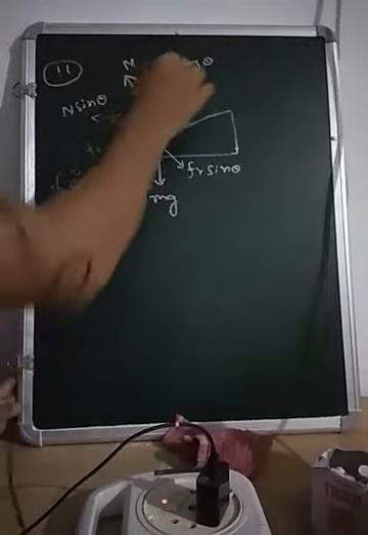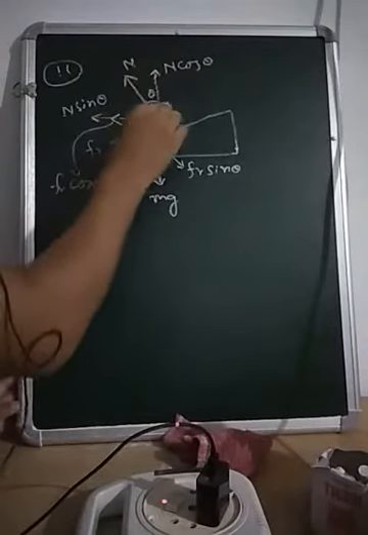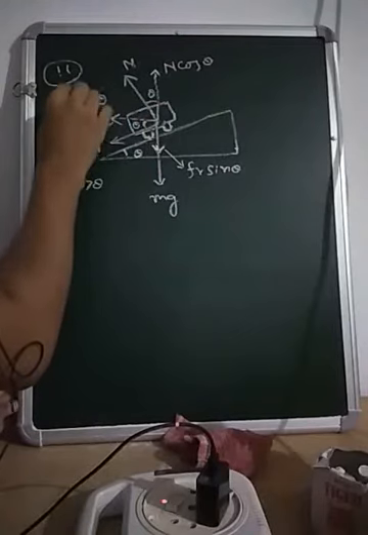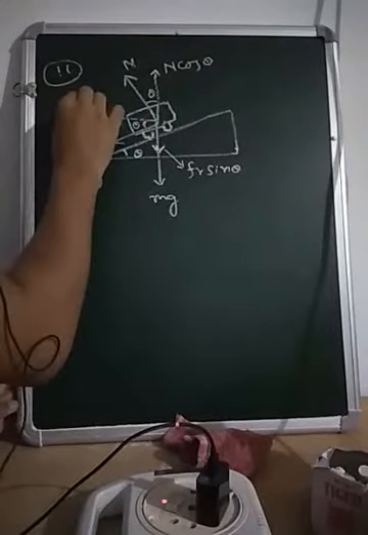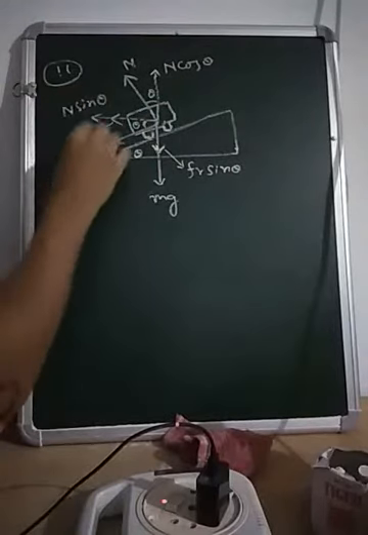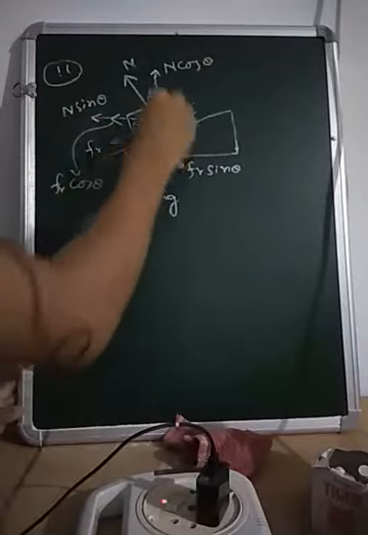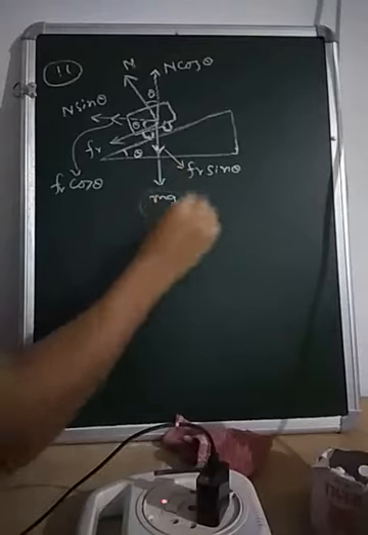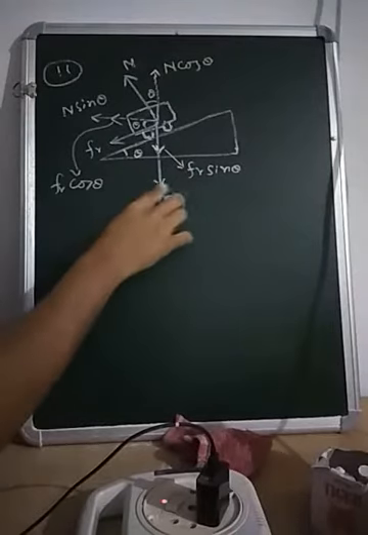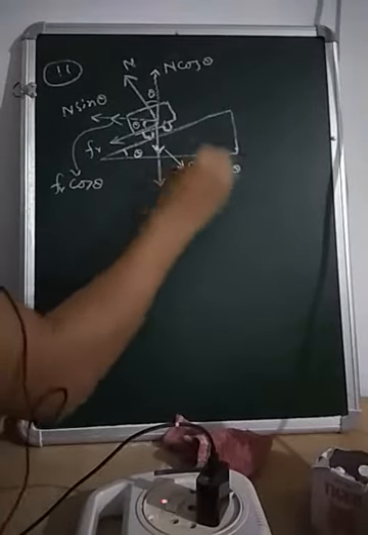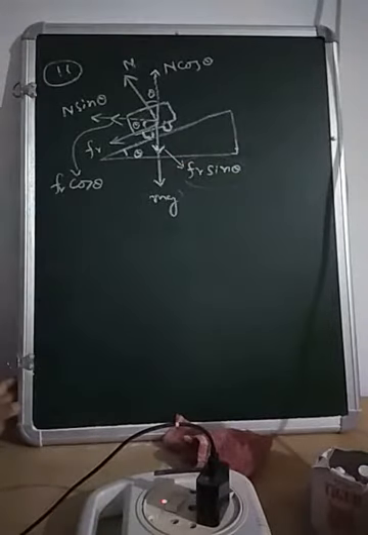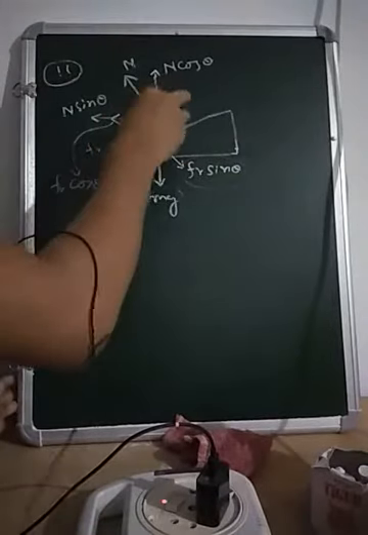So after resolving the components of the normal reaction and the frictional force, we got that in this direction there are two components of force: one component from the normal reaction and another from the frictional force. And in this direction there are two forces: the gravitational force and one component of the frictional force. Now the car is moving forward on its track.